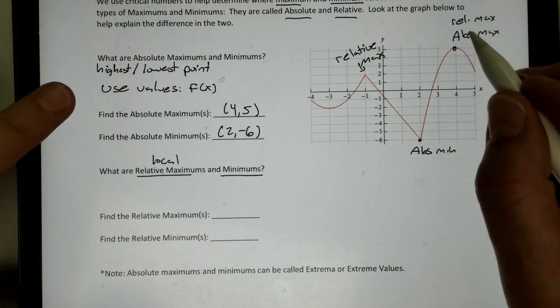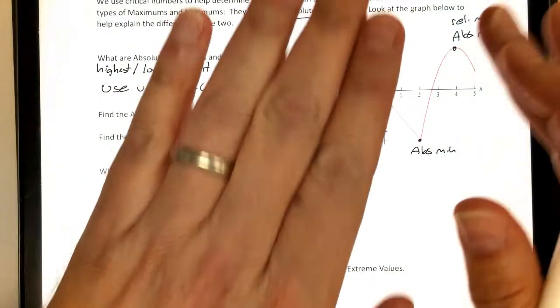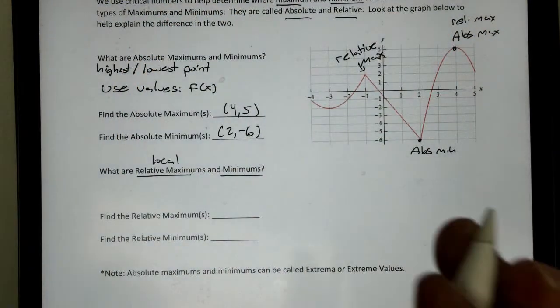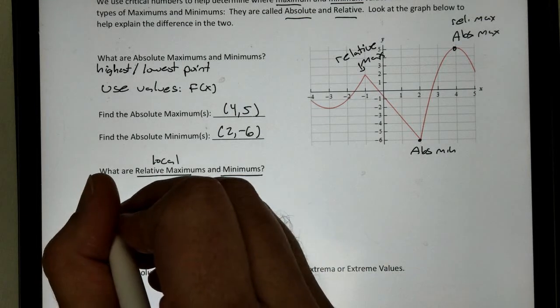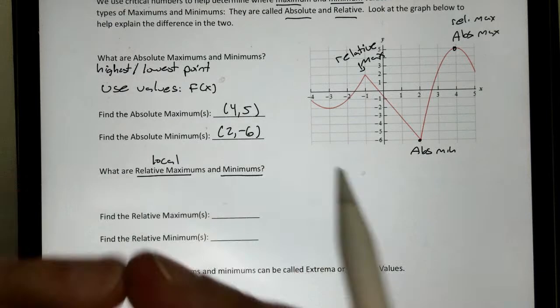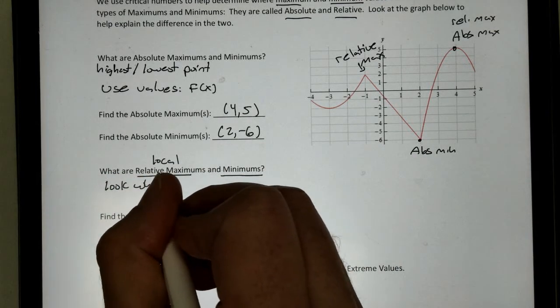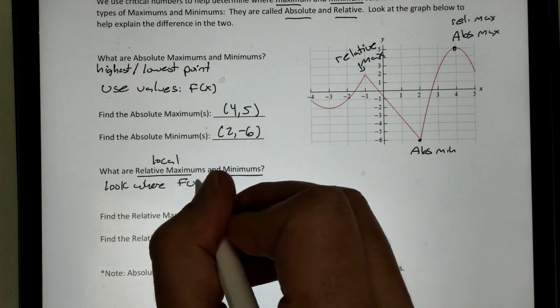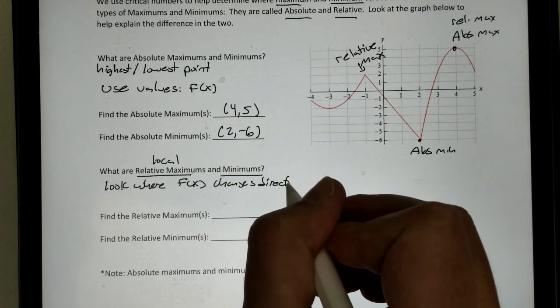Remember when we said that the absolute maximum is the highest point on a graph? Well, how we define a relative max is where we are just changing direction. We want to look where the function changes direction, and that's all.